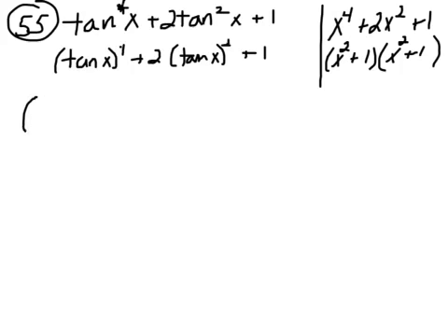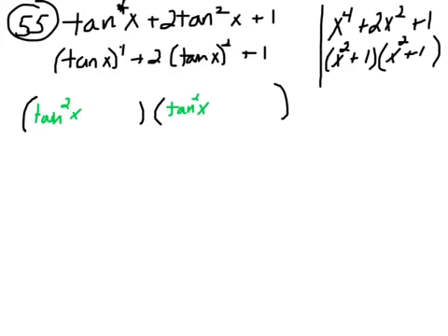So that will factor. Let me make my little factoring parentheses. Instead of an x to the fourth power, I have a tangent x to the fourth power, so that's just going to become tangent squared x and tangent squared x. If you think about it, that would give me that tangent fourth x back.